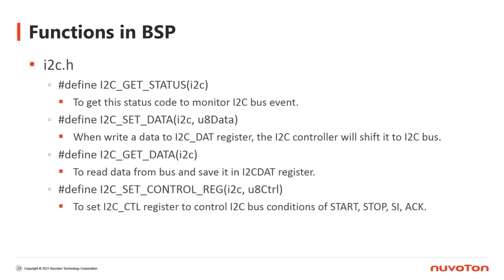In Nuvoton BSP, we provide APIs for the I2C function. For example, you can get the status code by calling the I2C getStatus API. You can write data to the I2C data register by calling the I2C setData API. You can easily make what you want by calling the I2C APIs we provide.